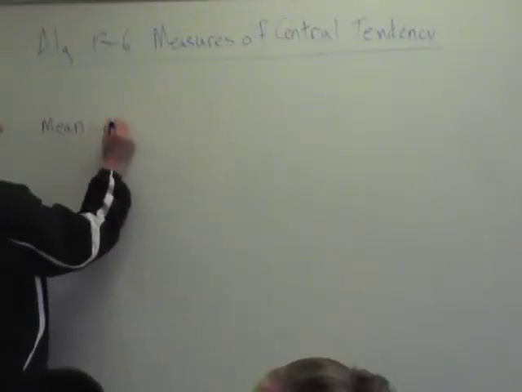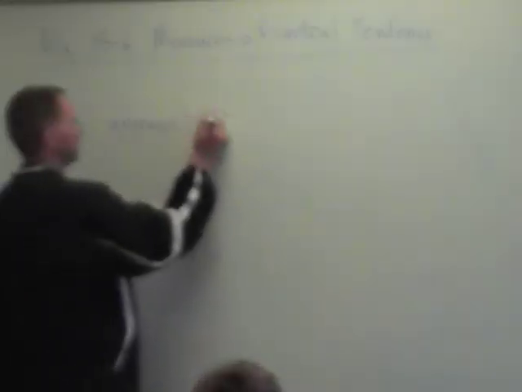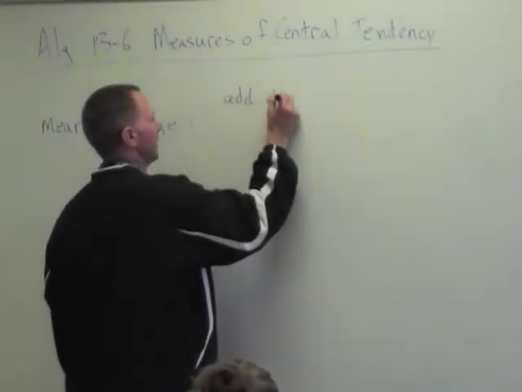Okay, so let's just get to it real quickly. There's only a couple things that I need to make sure that you understand when there's a problem. For the most part, you know how to do all of this stuff. So, the word mean means average. How do you find average? Add everything.